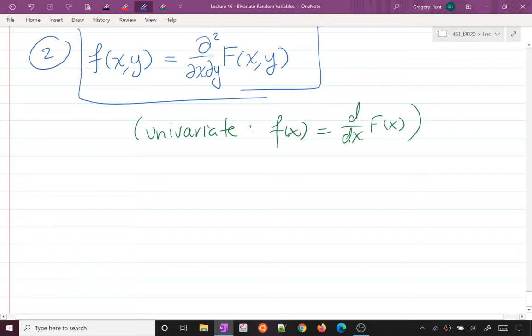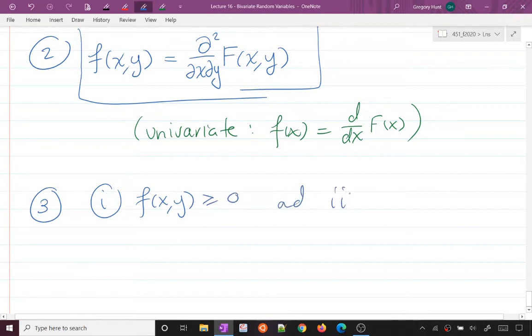And kind of the last not surprising fact, let's call it fact 3, is that this thing is bigger than or equal to 0, and if I integrate my joint PDF over the whole plane, I'll get 1.